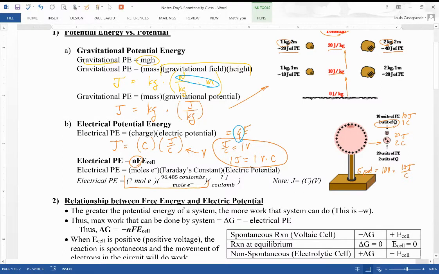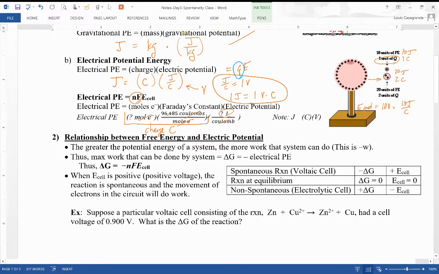This is the charge in coulombs on the electrons that are being used and are being pushed through the outer wire from the electrochemical cell. So the electrical potential energy is just going to be nF times the E of the cell, where the E of the cell is the joules per coulomb. And notice everything cancels out now except for the joules, and that leaves us with our potential energy.